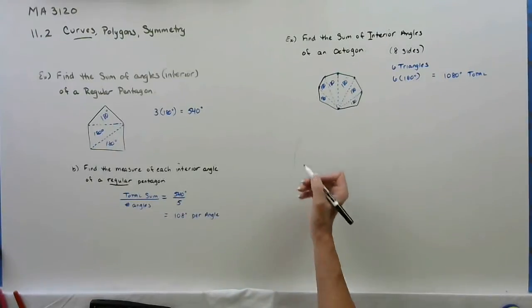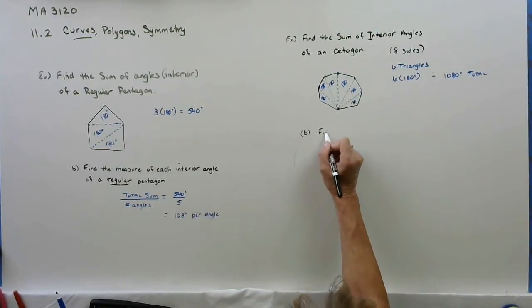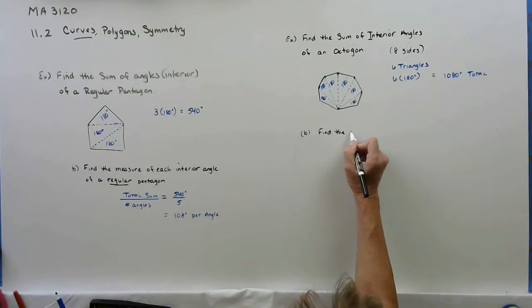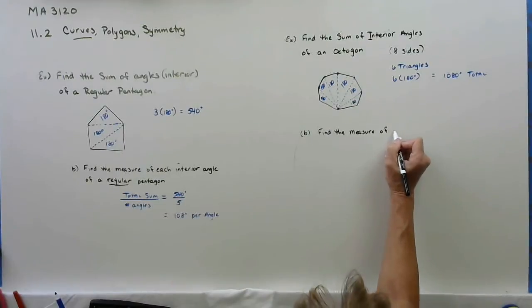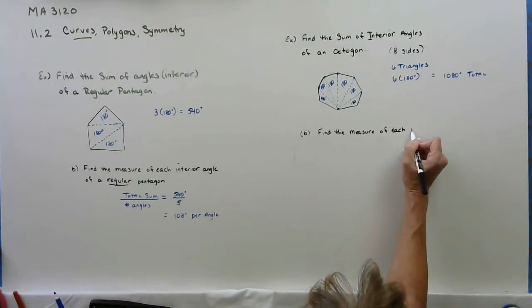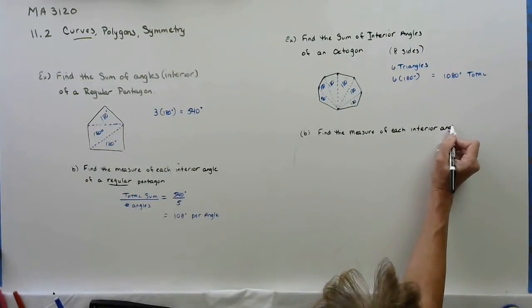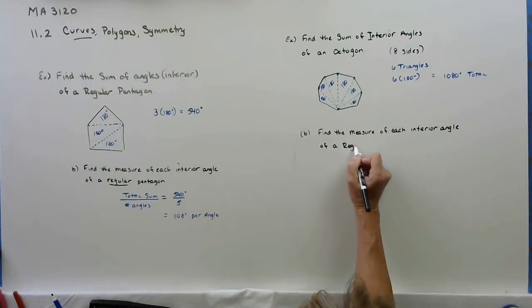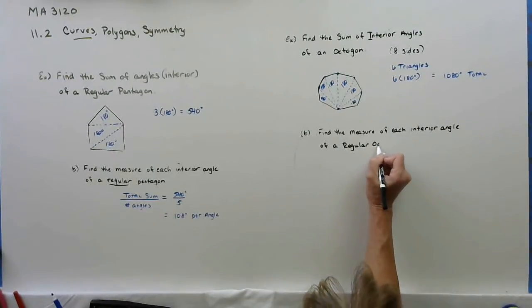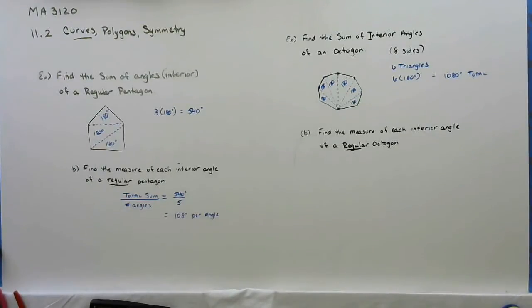So now if I ask you, all right, find the measure of each interior angle of a regular octagon. Because it's regular, we know that all 8 angles need to have the same measure.